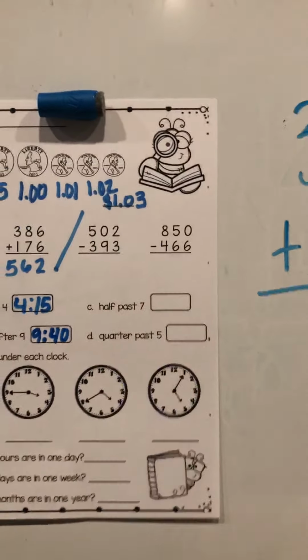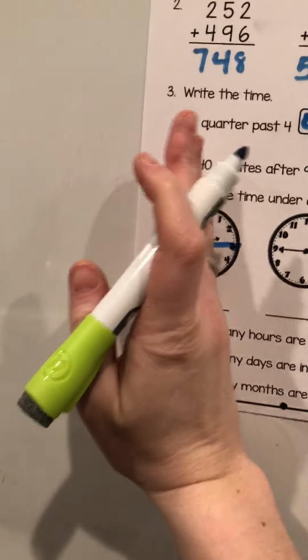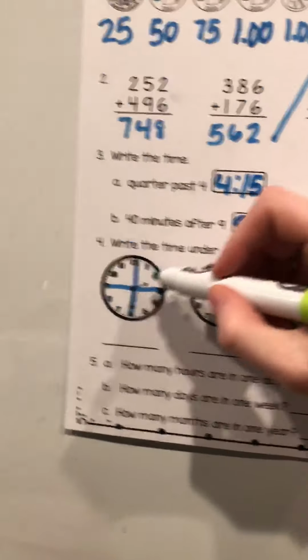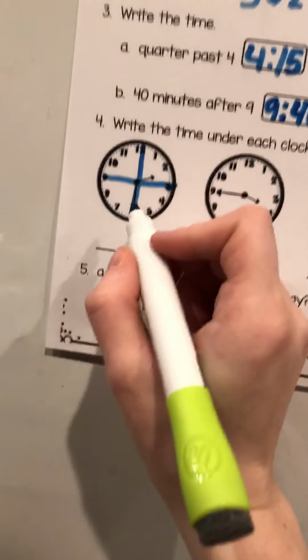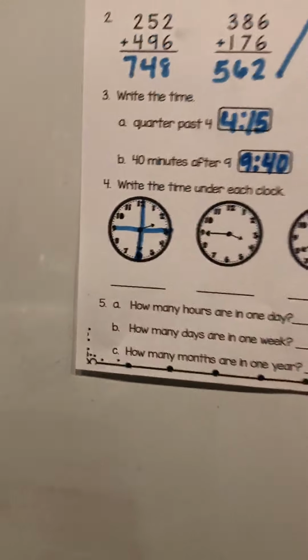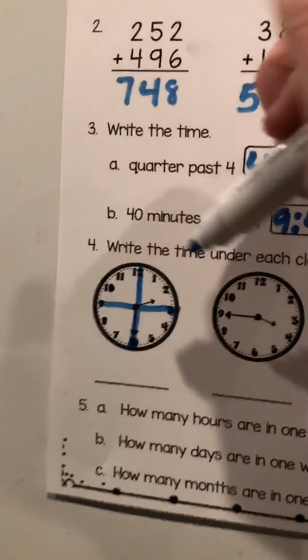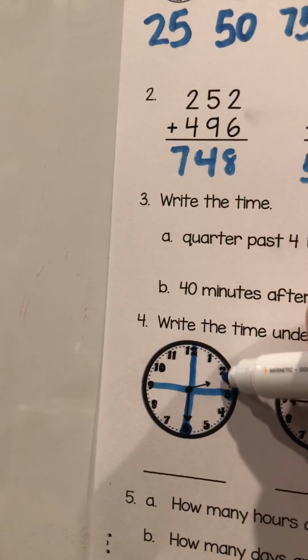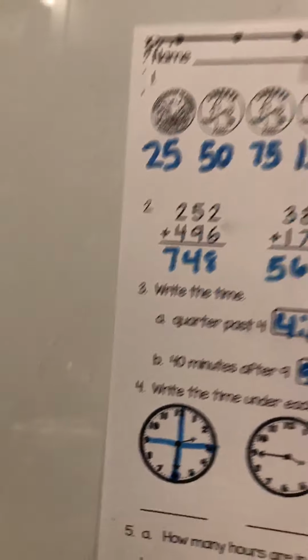And then a 7:30. So if we come over here, our clock, if we look at it, cut in half right here. A 7:30 means that our minute hand is going to be right here at our 6. And if we count by 5s around our clock, we go 5, 10, 15, 20, 25, 30.